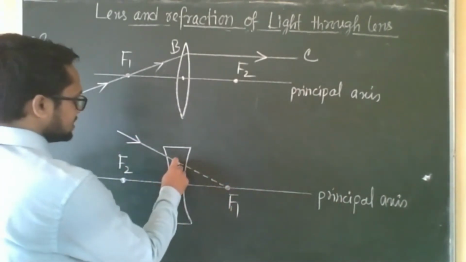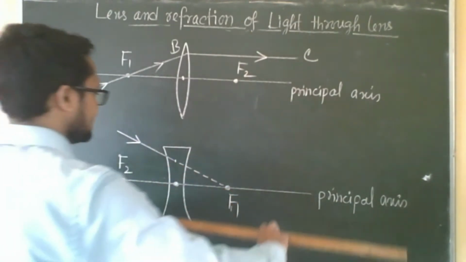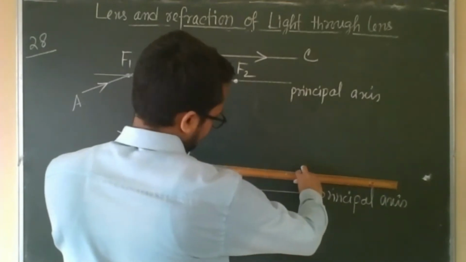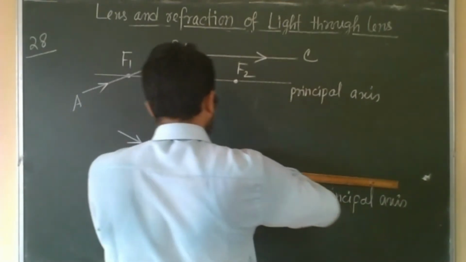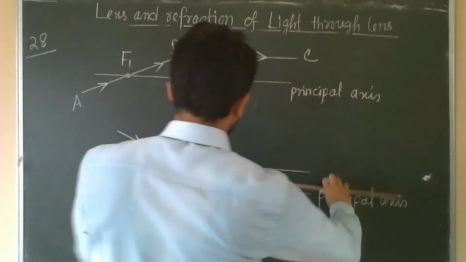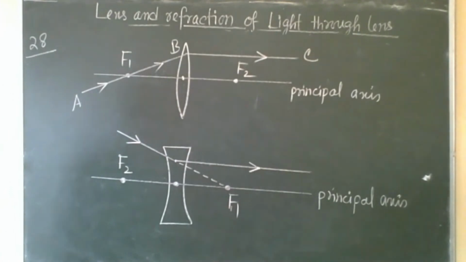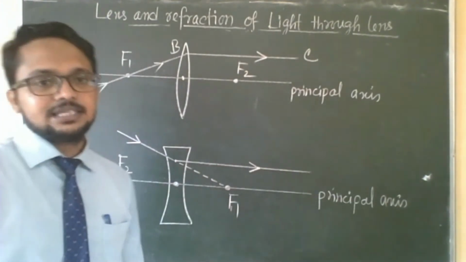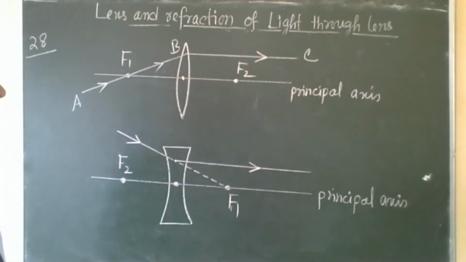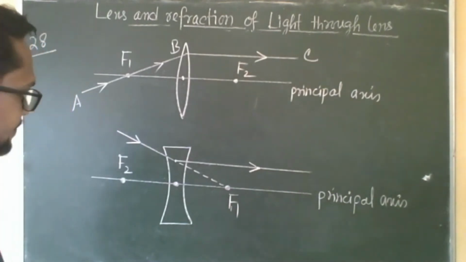So when light is passing through F1, after refraction it will be parallel. F1 means after refraction parallel. F2 means after refraction they will converge at a point or diverge in such a way that they are tending to meet at a point.